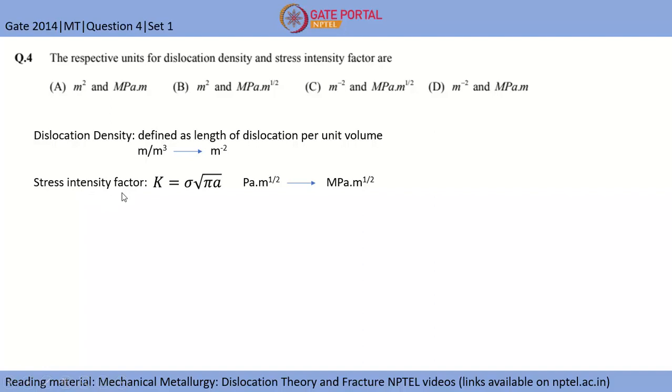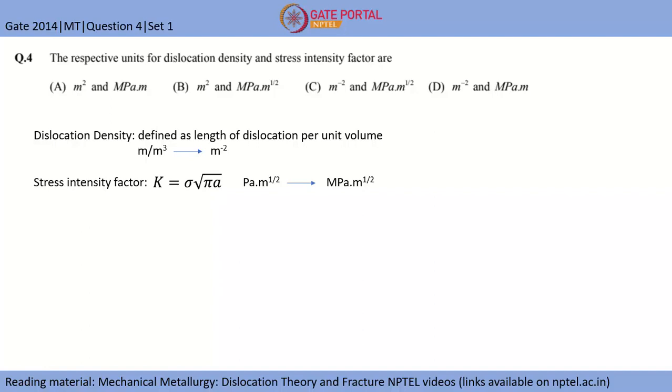Now the stress intensity factor, which is K, the formula is sigma root pi A, which basically means that it is a function of stress and a function of the crack length. Stress is defined in pascals or megapascals, and A is the length, which is in meter.